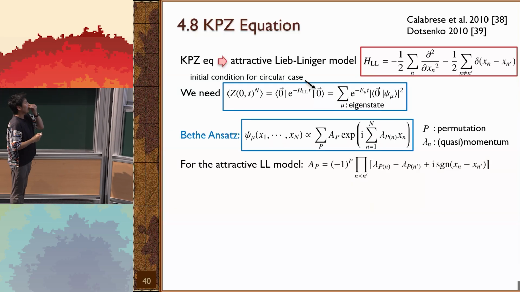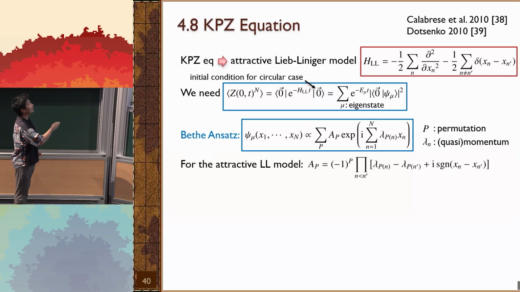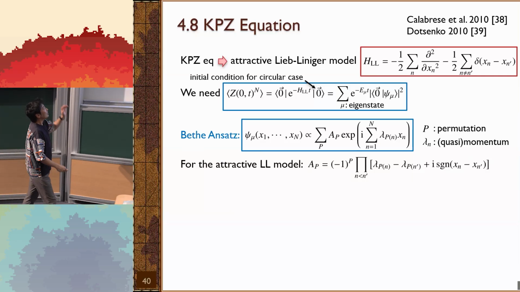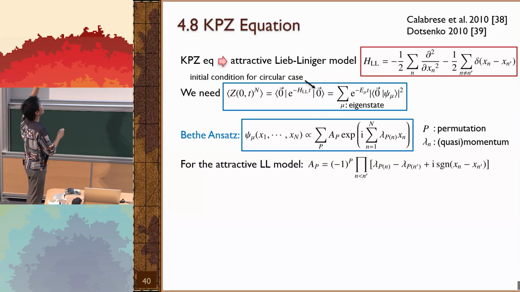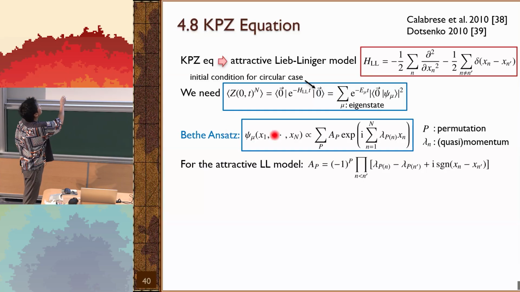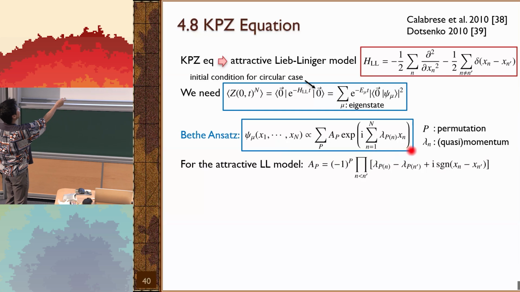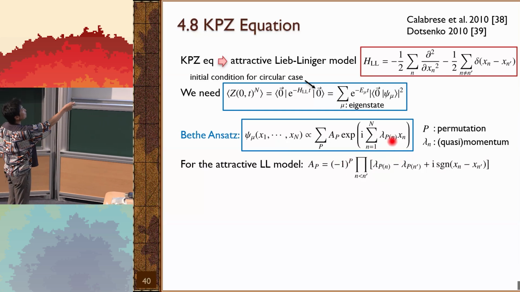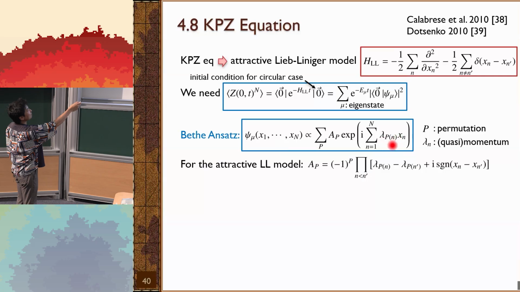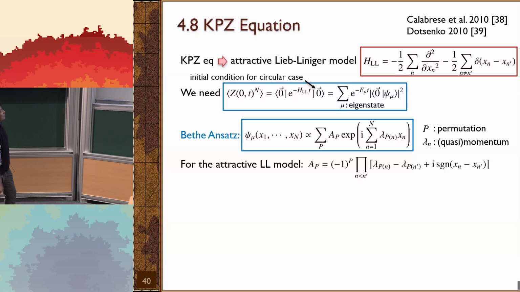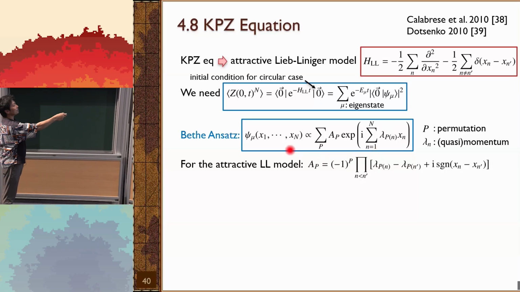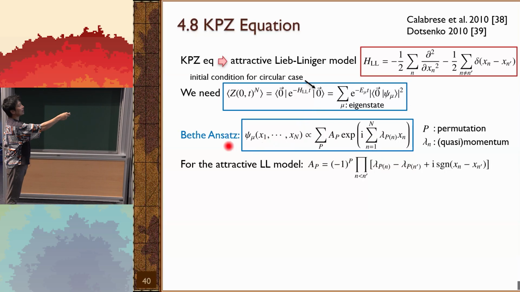There is a method called Bethe ansatz, and here we assume that the wave function can be expressed as a superposition of plane wave-like solutions, like this. But here you have a permutation of the labels for particles. So this is an assumption we can set to try this Bethe ansatz solution.